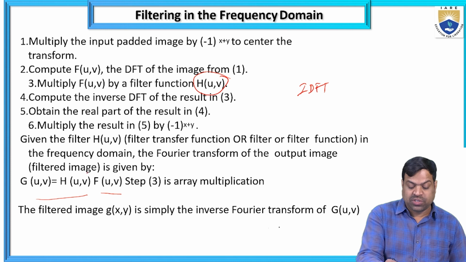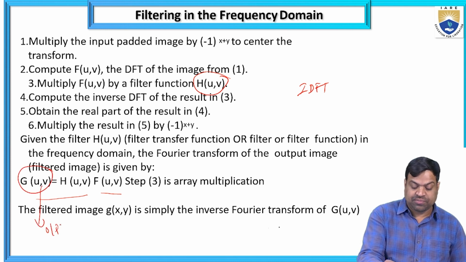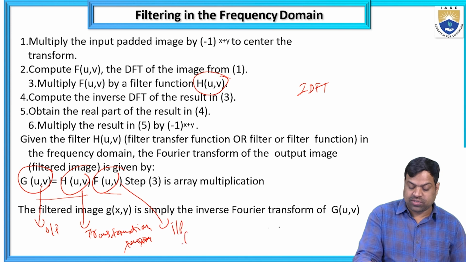What does this mean? G of u comma v is the output function. H of u comma v is the transformation function. F of u comma v is the input function.